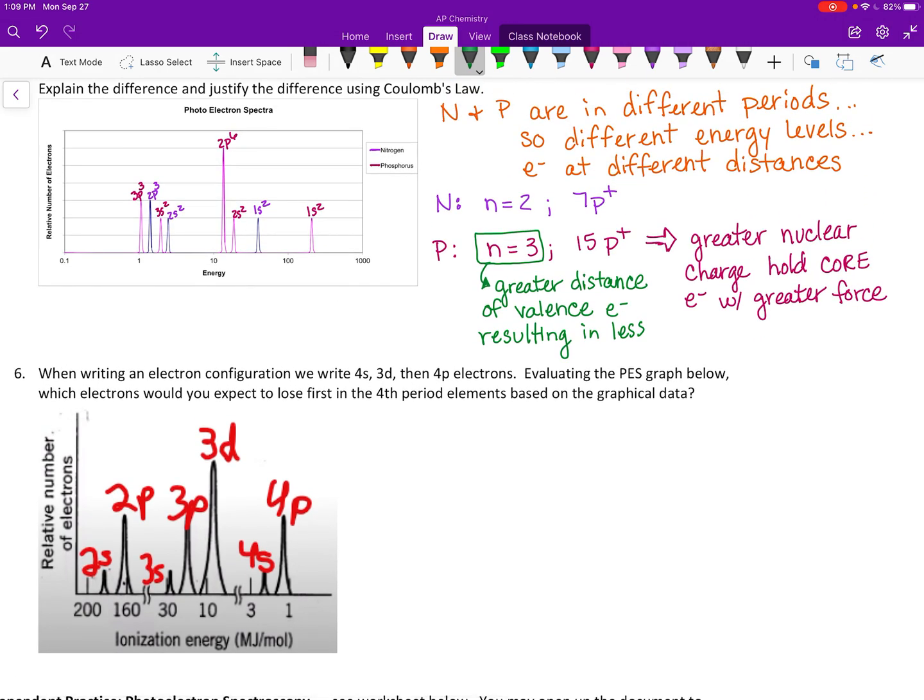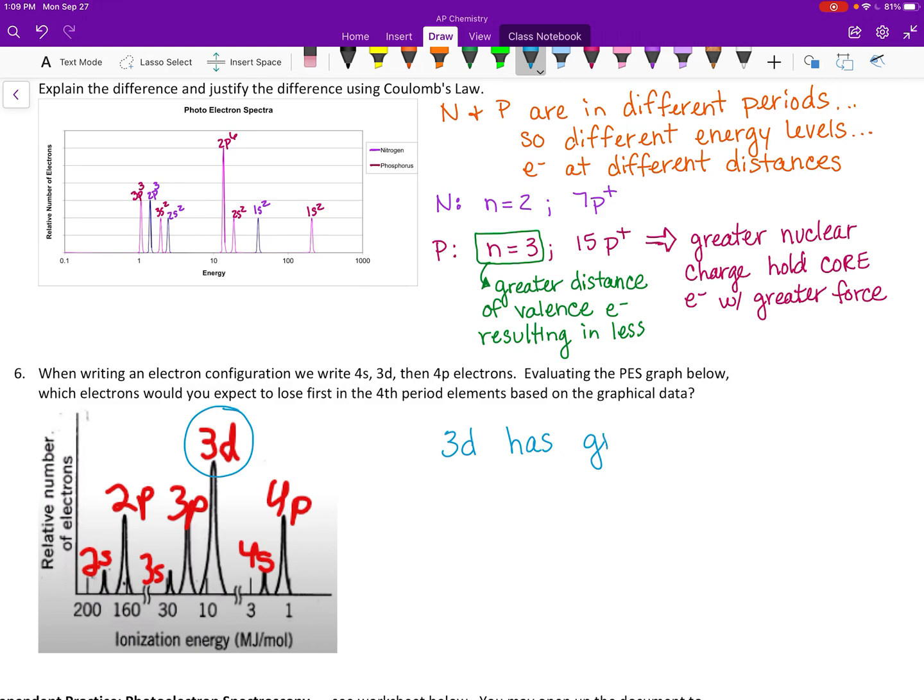One of the things that oftentimes is very confusing for students the first time we start going through electron configurations and orbital diagrams is, why are we seeing the 3Ds and the 4S's? What's going on with those? And so one of the things to keep in mind here is that the 3D actually has greater energy of attraction or ionization energy or binding energy.